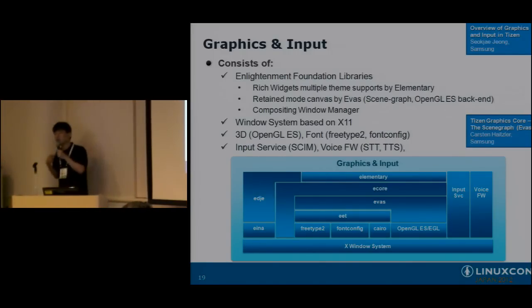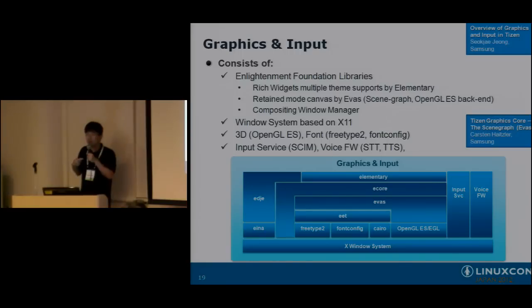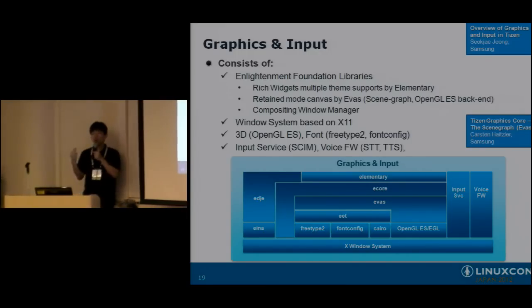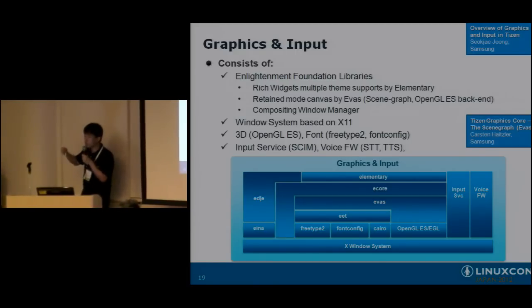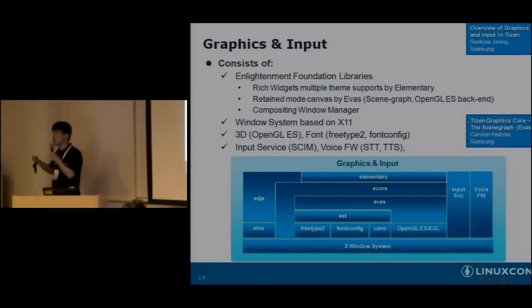The Enlightenment Foundation's core graphics is EVAS. EVAS is a retained mode graphics engine. So it can retain all the objects in the canvas, and it draws very efficiently with its software algorithm.